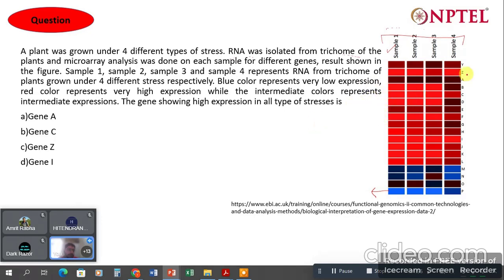And here are the names of the genes that are written on the right side. So you have to determine which gene is expressed more in all the types of stress conditions.